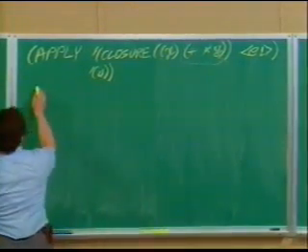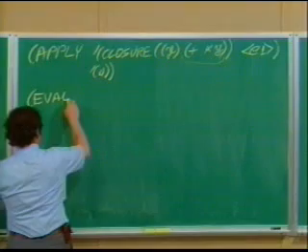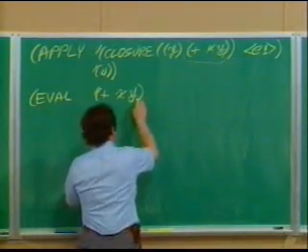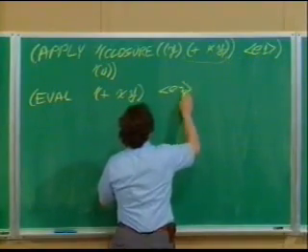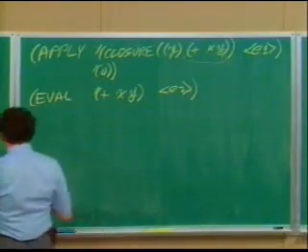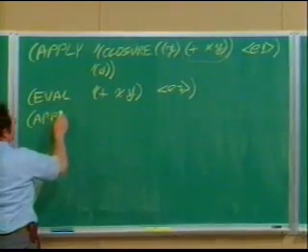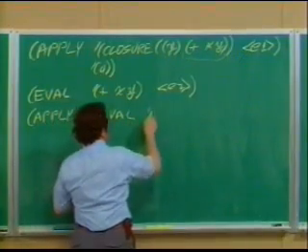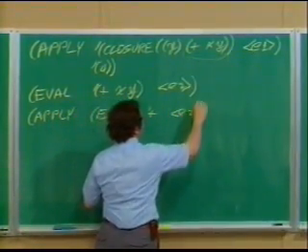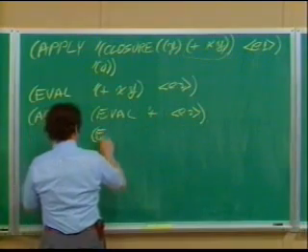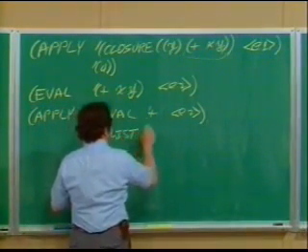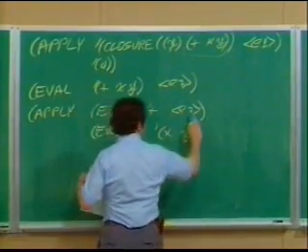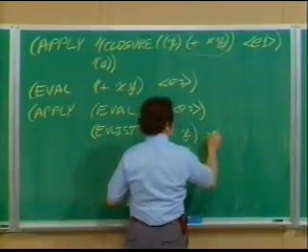So this is eval the body, which is plus x y, in the environment E2. Oh, but this is an application. So this is the apply of eval plus in E2 and evlist, quote, open x and y in E2.